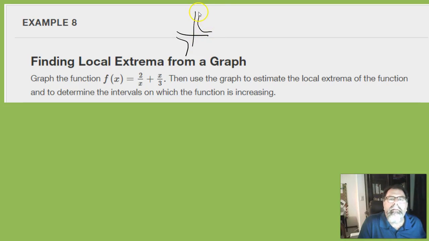And then the x over 3 is a line. And then you would add those two graphs together. But I wouldn't expect you to know right yet how to graph that. So we just go to Desmos. Let me pull that up.